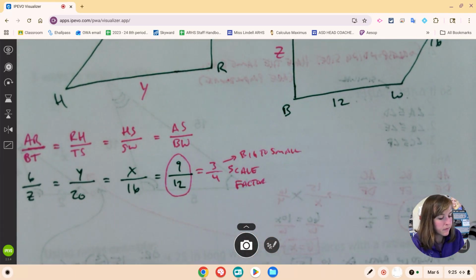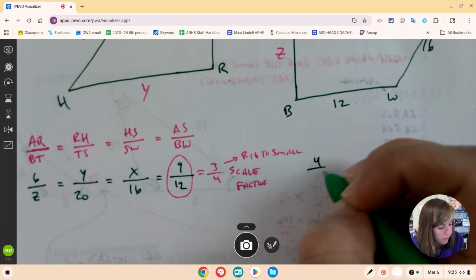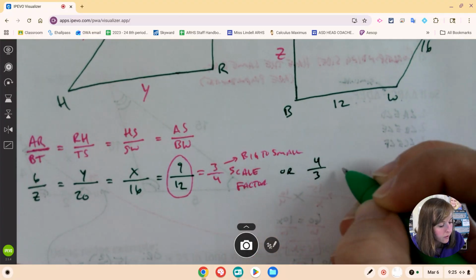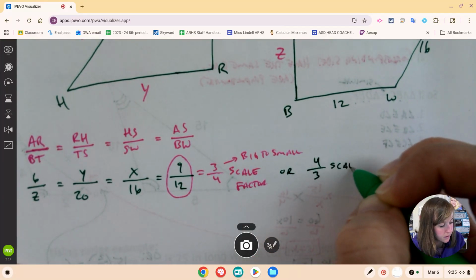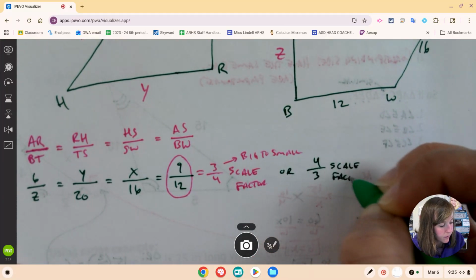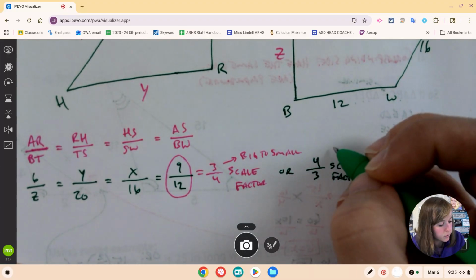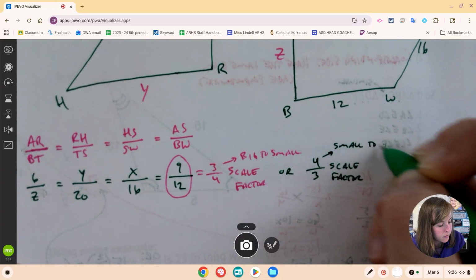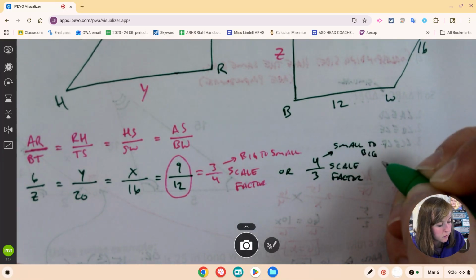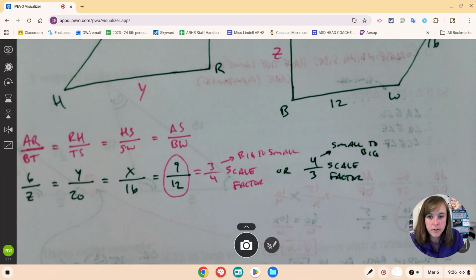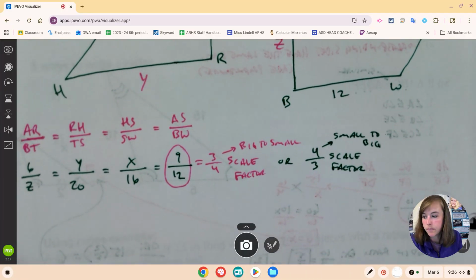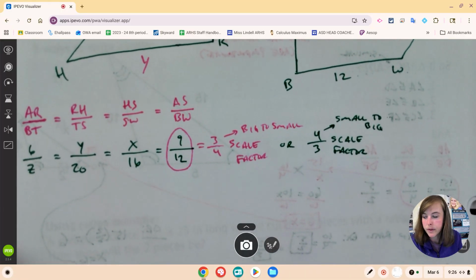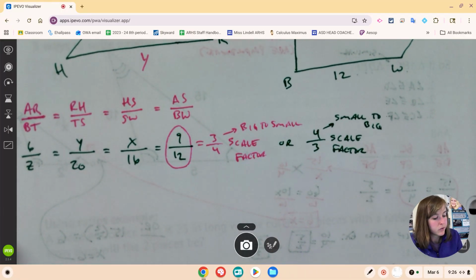If you flip it and you get 4/3, this would also be considered a scale factor, and it's what you would use to go from small to big. So if you want to do it the multiplying scale factors way, you can. Or if you want to do it setting it equal to a ratio, you can do it that way. That's the way that I'm going to show next.